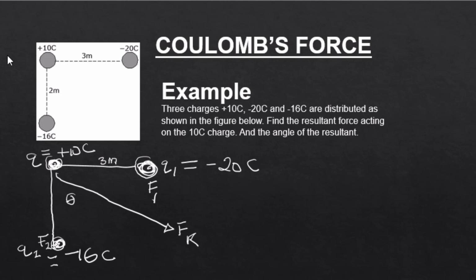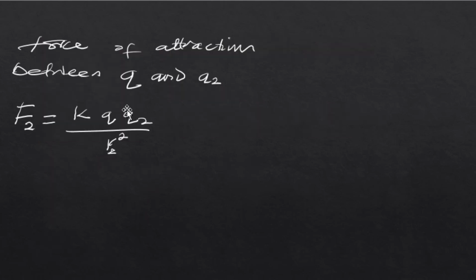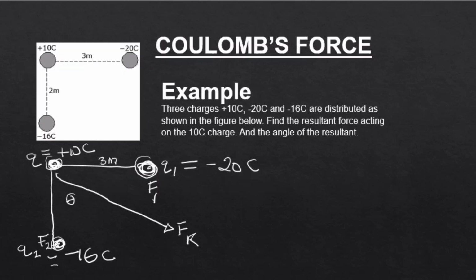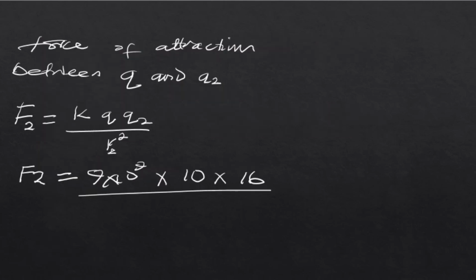So what is the value of this? We still have our Q to be plus 10 charge, and then Q2 becomes minus 16 charge. So at this point, we have F2 equal to 9 times 10 raised to the power of 9 multiplied by 10 coulomb charge multiplied by 16 coulomb charge, all divided by the distance between Q and Q2 from this diagram, which is 2 meters.